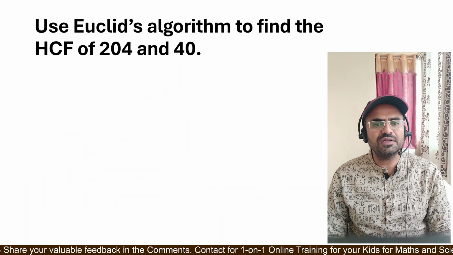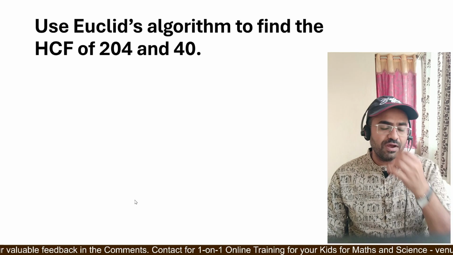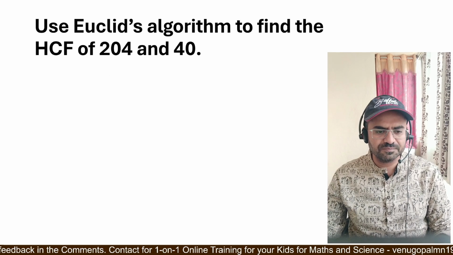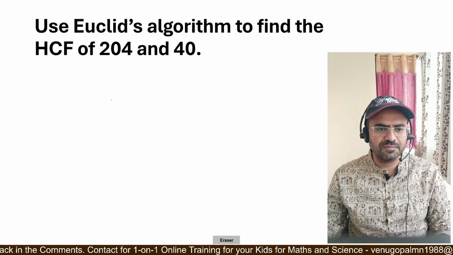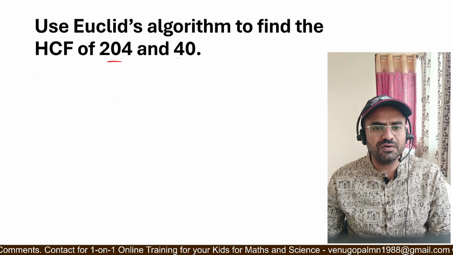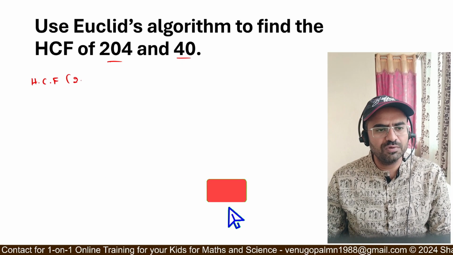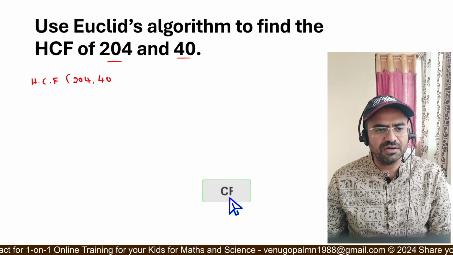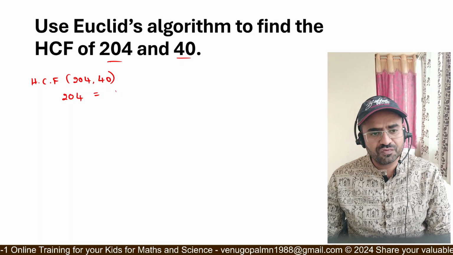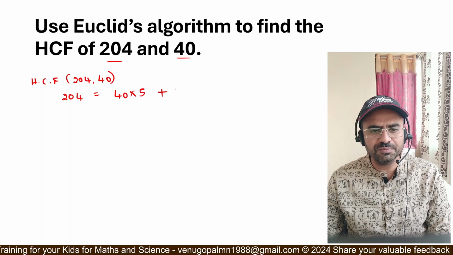So now let us move on and understand one more simple example. We have to apply the same Euclid's division lemma and find the HCF of 204 and 40. So HCF of 204 comma 40: we can write 204 is equal to 40 into 5 plus 4, since 40 times 5 is 200 and the remainder would be 4.